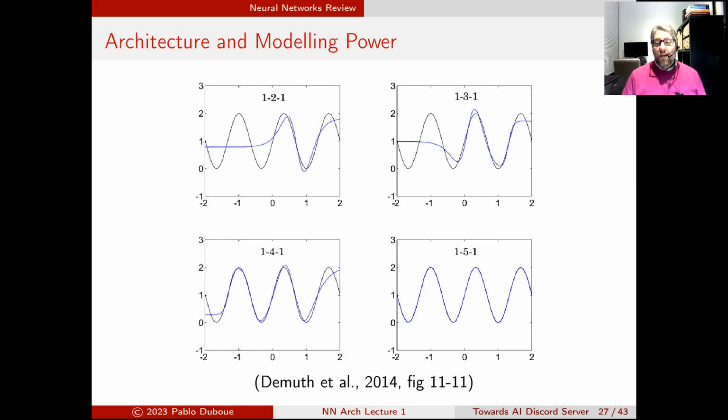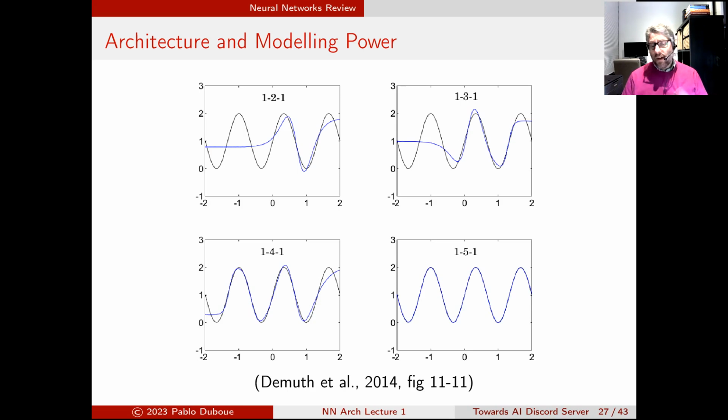And to go back to what I was mentioning, there is a trade-off between the capacity of the network and its architecture. We have here a simple function from this neural network design. This is a sine wave with 3 waves there.